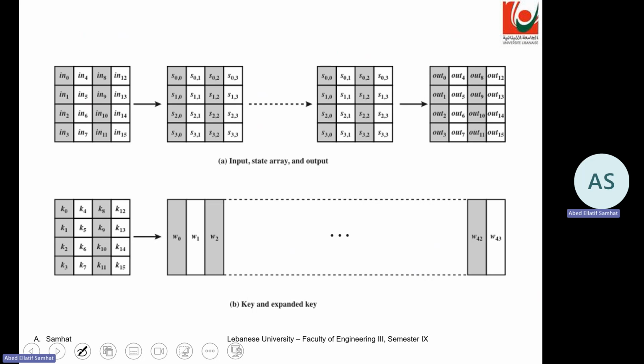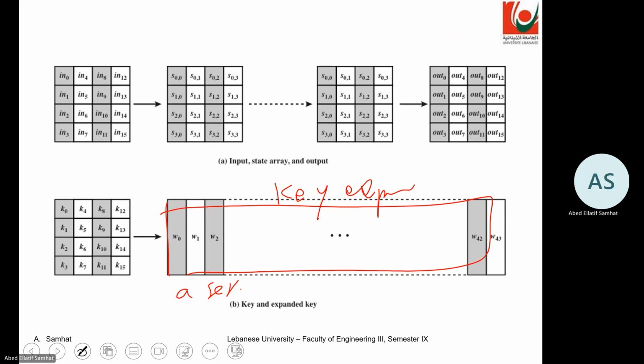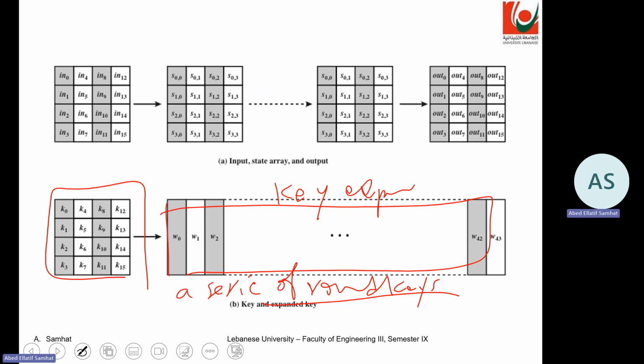So if you want to define what the key expansion is, it's typically the process to generate a series of round keys, because here you generate the keys of the different rounds, and you are generating them from the original encryption key. Okay.